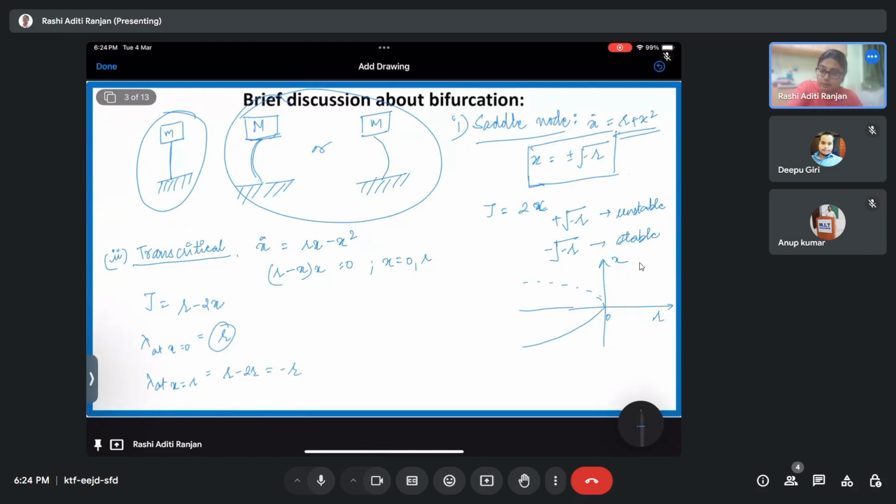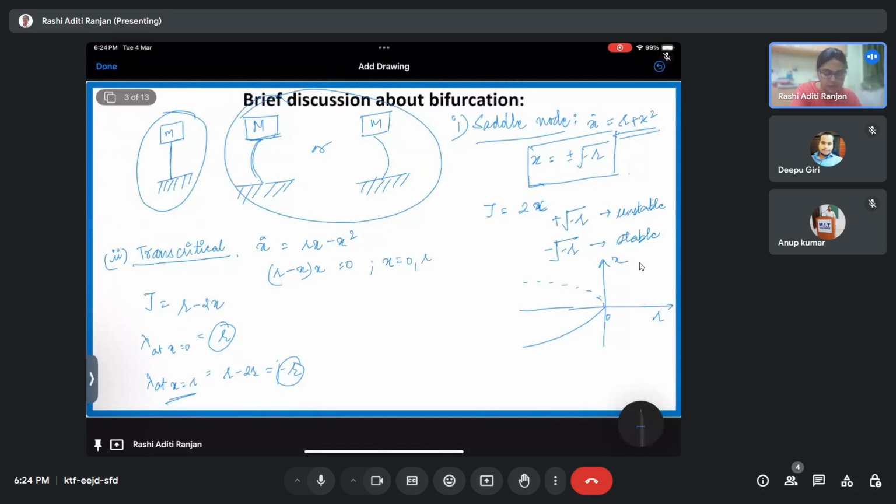And when r becomes greater than 0, x equals 0 becomes unstable. Similarly, for lambda at x equals r, there is an opposite trend, which means that for r less than 0, x equals r is unstable. And as soon as it becomes greater than 0, it becomes stable, right?